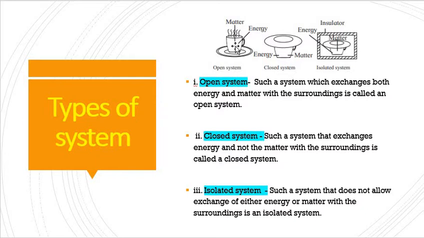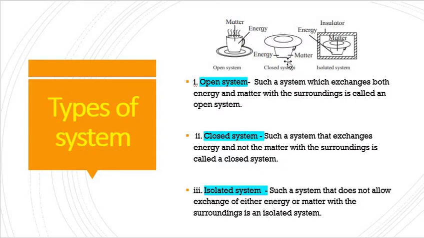Such systems which exchange both energy and matter with the surroundings are called open systems. Now you have one coffee and you have covered this coffee with a saucer. Now what will happen? Coffee will release heat to the surroundings, but matter from the coffee will not escape. Such a system that exchanges energy, not matter, with the surroundings is called a closed system. Now the isolated system.